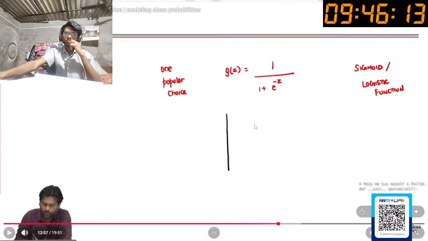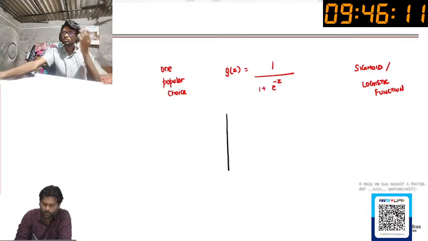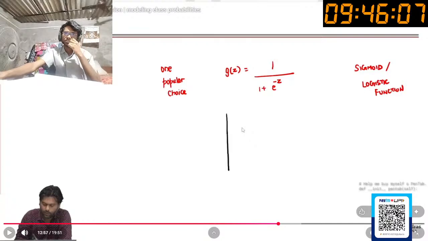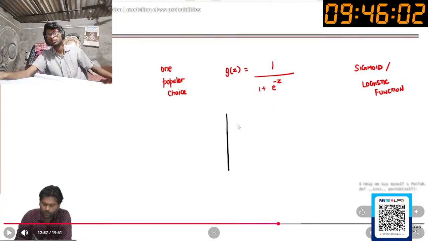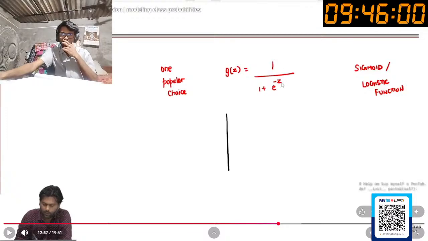And if it happens that it is far away from the boundary, then we will be quite confident about it, right? So that is being encoded here with the help of this z value and this link.